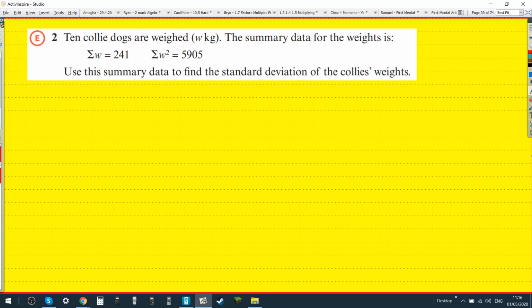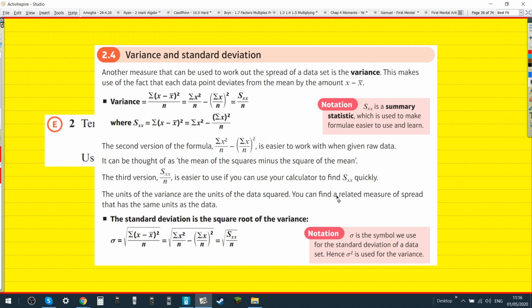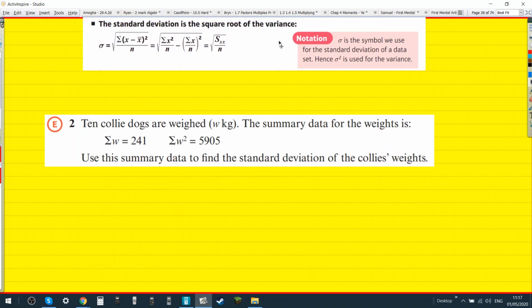Is this like part of the formula from before? Yeah, and I believe they give you the formula.